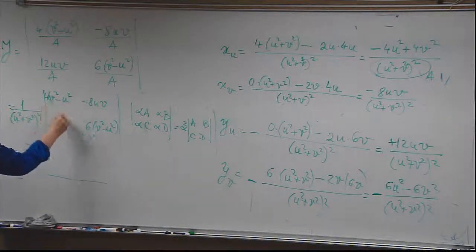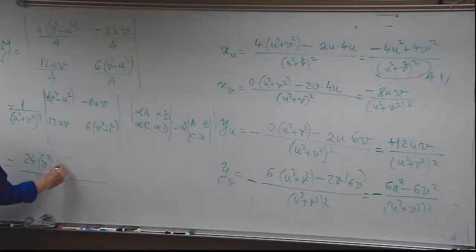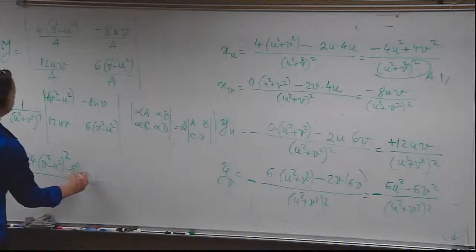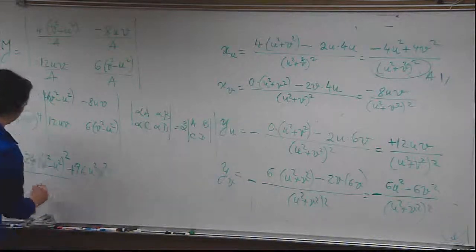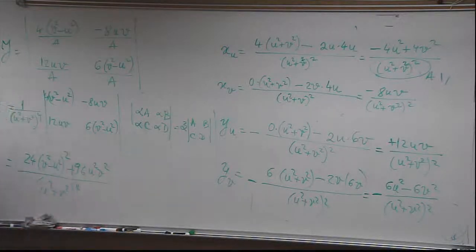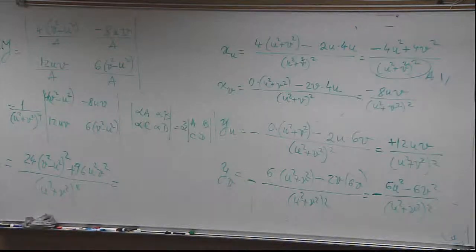I ate it. So you have 24 times v squared minus u squared plus, what's 12 times 8? 96, am I right? Yeah. U squared v squared divided by all this ugly guy, which I hate, to the 4th. Fortunately, everybody is a multiple of 24.